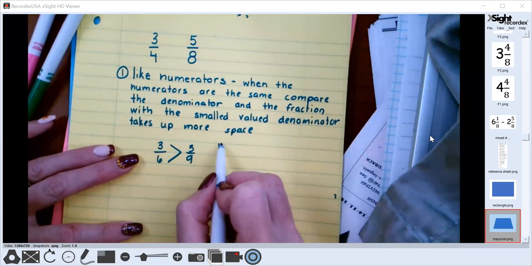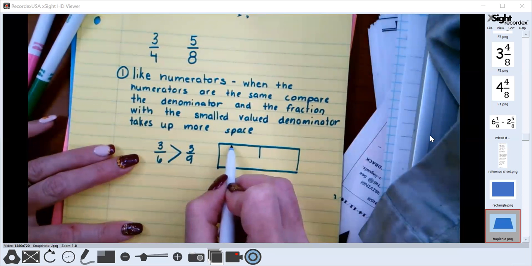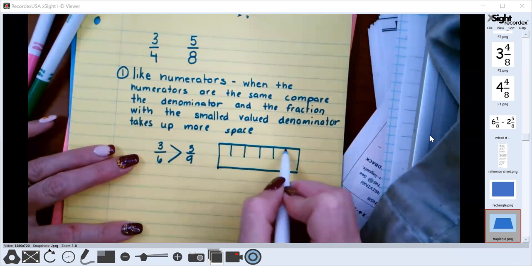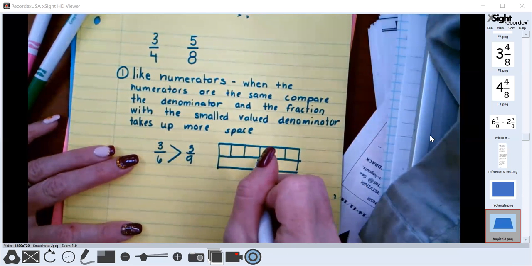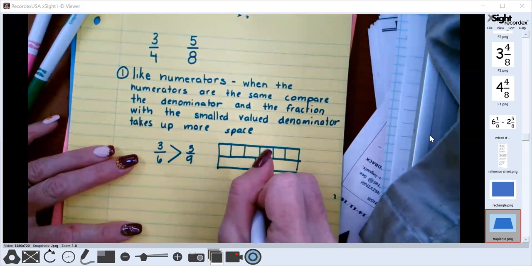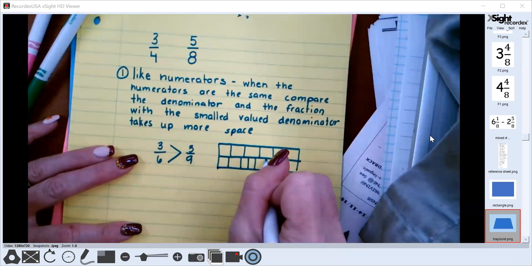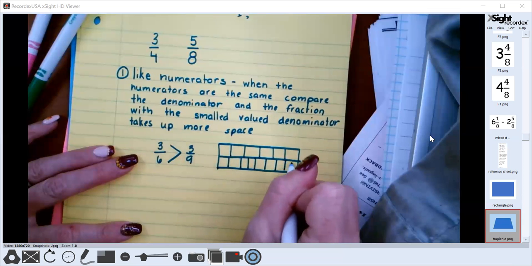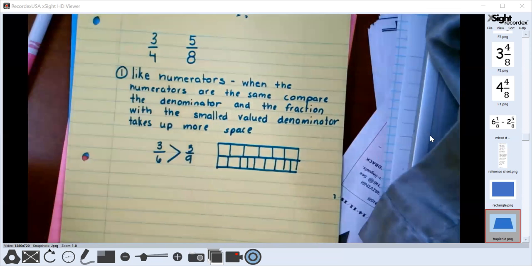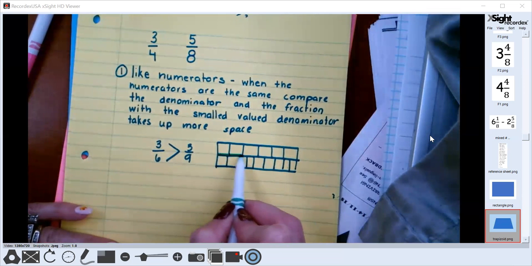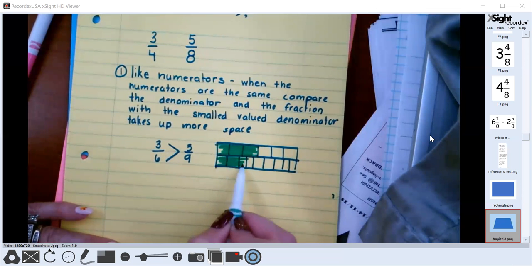And I can see that, all right, and 9s are hard to do, but 3/6 is greater than 3/9, and I can see that this way.